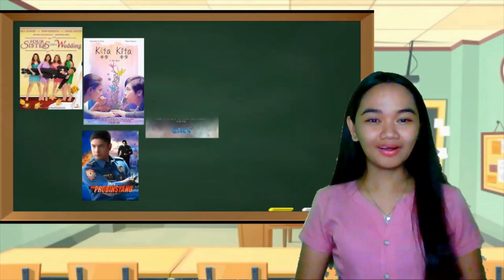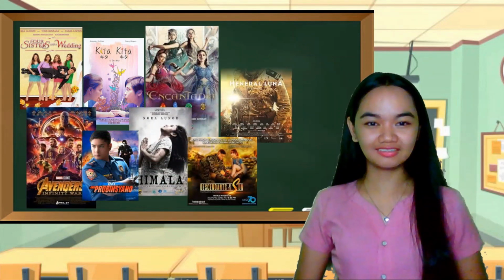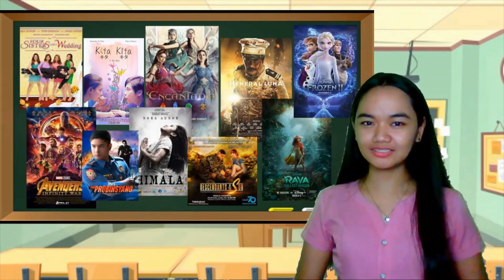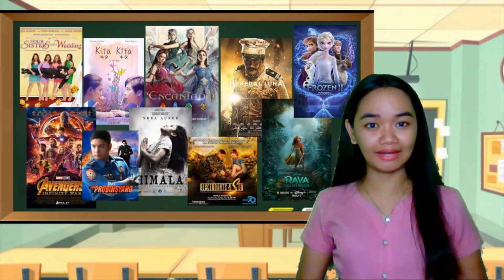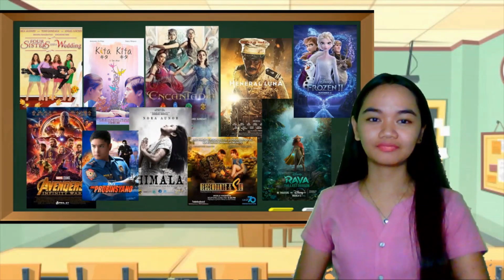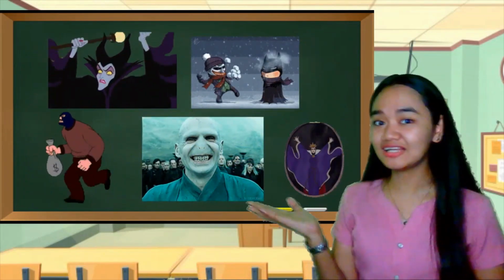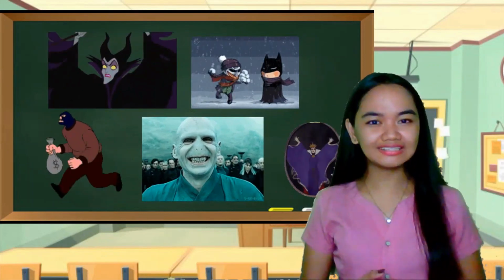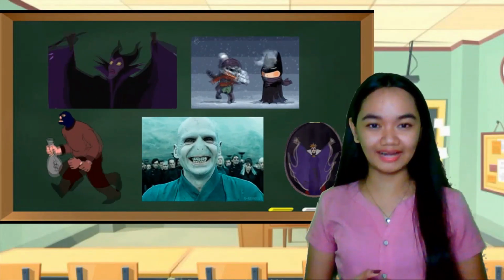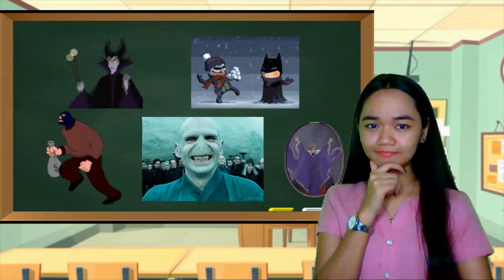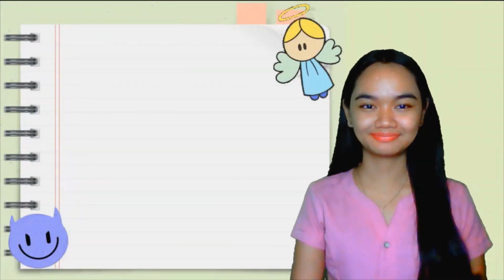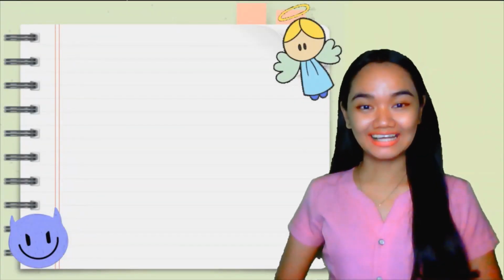Do you watch TV series or movies? Of those you have watched, who do you think is the leading man or the leading lady? How about the villains? Have you ever felt disliking a character because of their actions? It's okay, and that is normal.